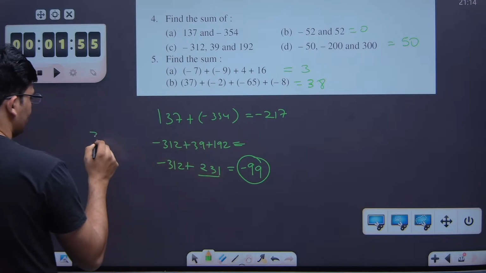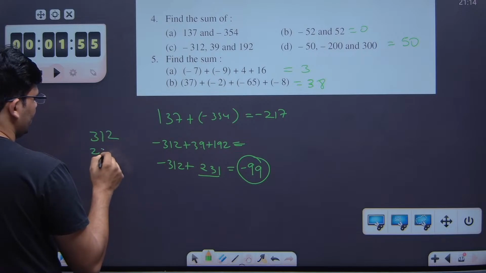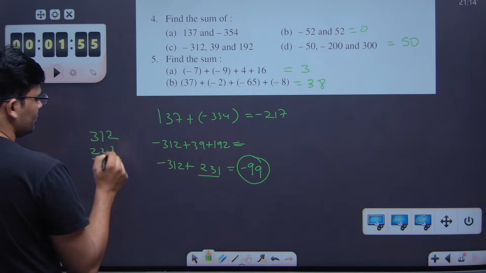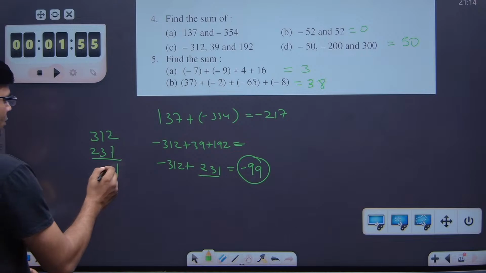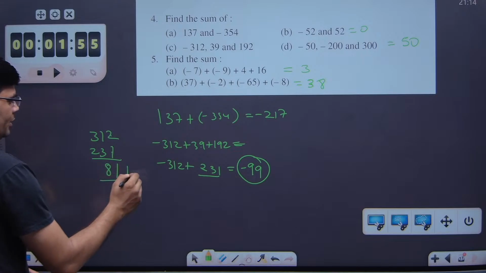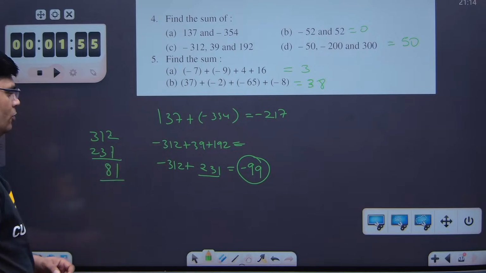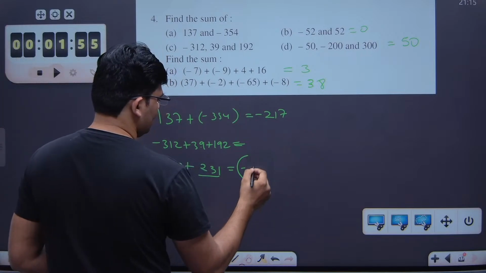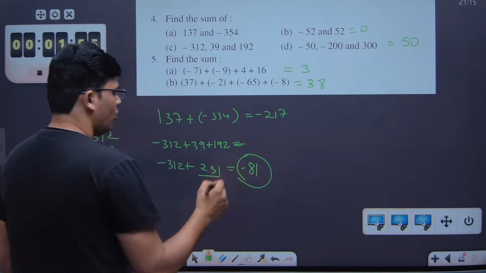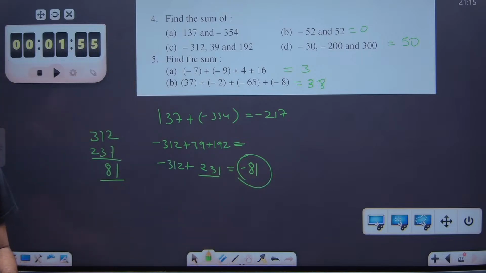So we have to subtract 312 minus 231. 2 minus 1 is 1. It's still wrong, right? So it is going to be 81, dear. How did you get 99 and that too negative?